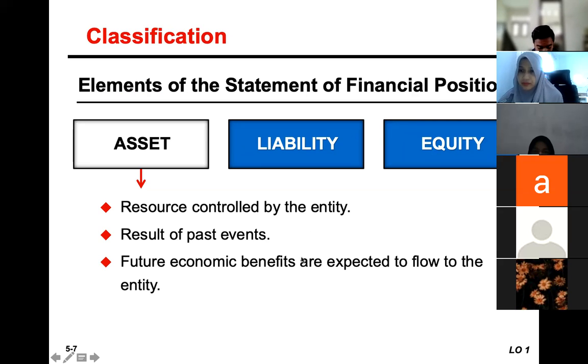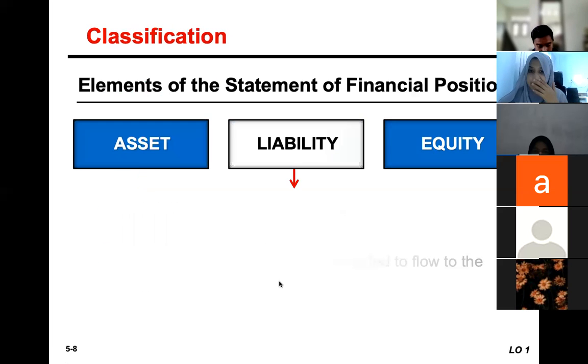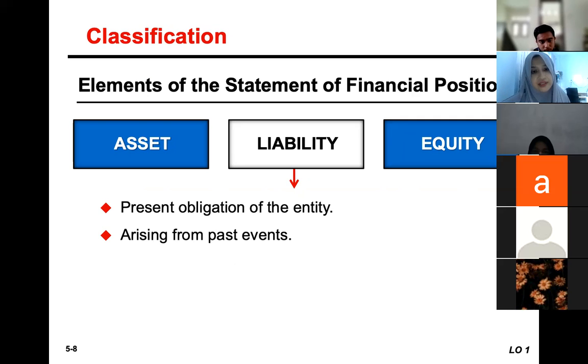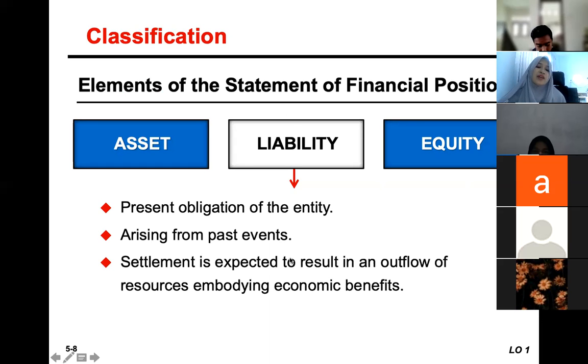And liability is the opposite: an obligation towards outsiders or external parties, which results from past events, and it will cause the company to have a cash outflow to the outsiders.